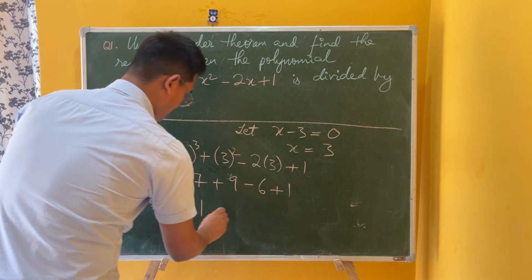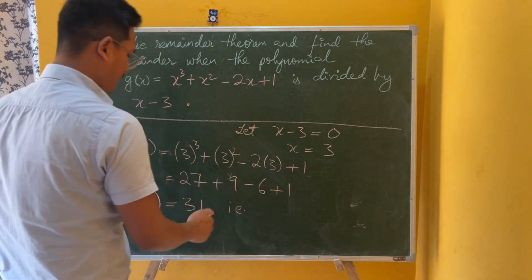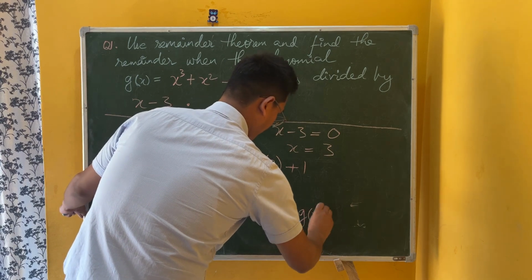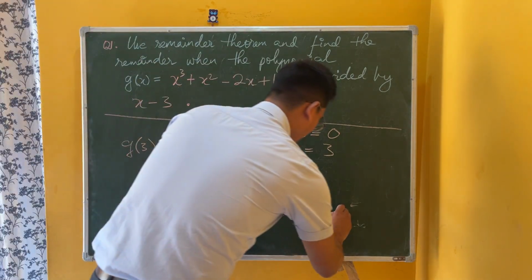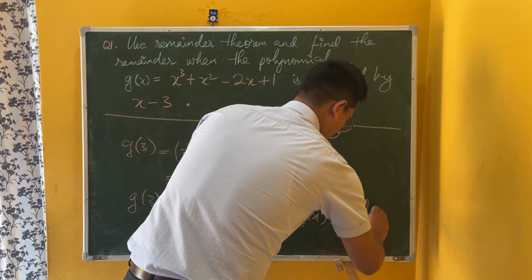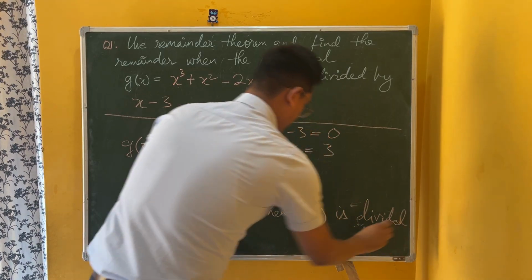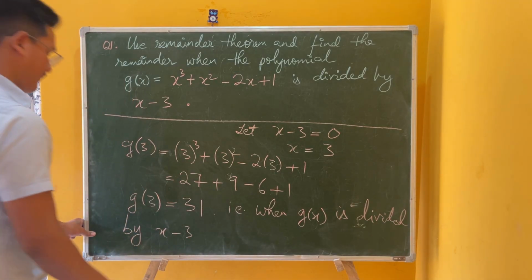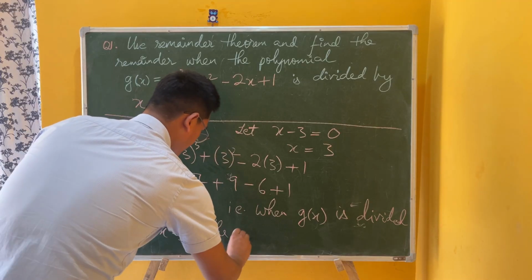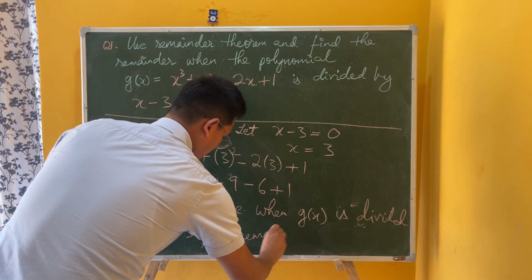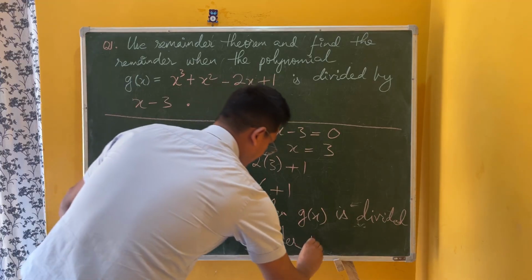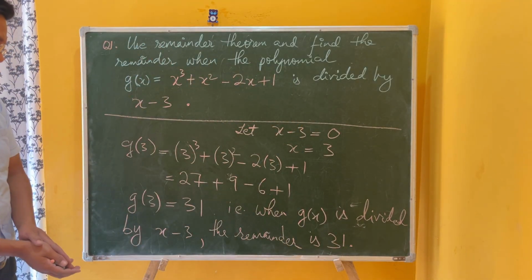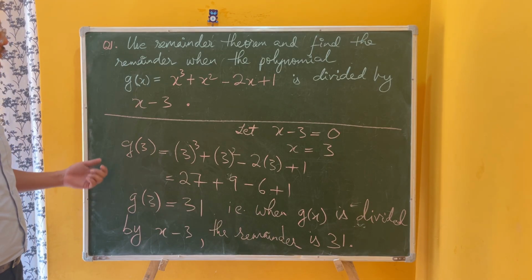This means that when this polynomial g of x is divided by x minus 3, the remainder is 31. So I hope you understood. Let's move on to another one.